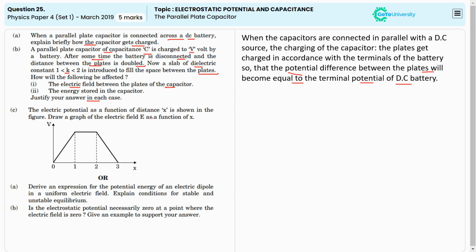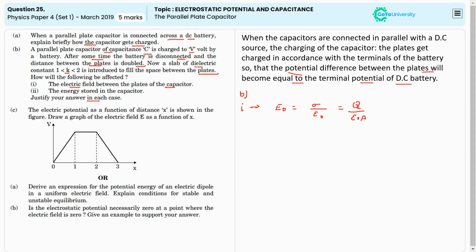Now, the electric field between the plates of a parallel plate capacitor is given by E naught equal to sigma divided by epsilon naught, which we can write as Q divided by epsilon naught times A, where sigma is Q by A, the surface charge density.